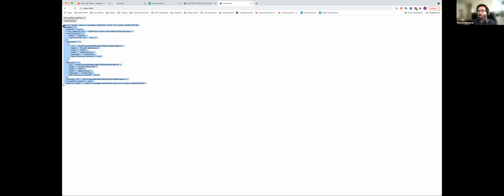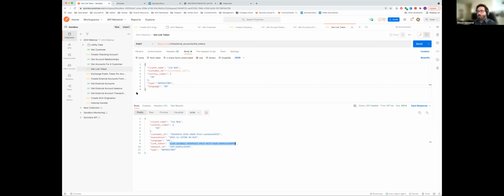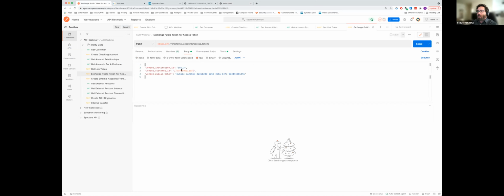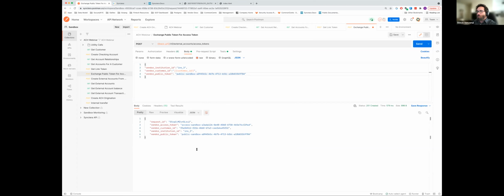And then once again, normally this would all be run through API, but we're going to execute this by hand. Take the public token, and we will be able to exchange our public token for an access token. In the process, also linking all of this to Alberta. And we will be able to grab the access token here.